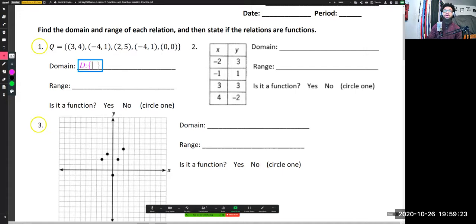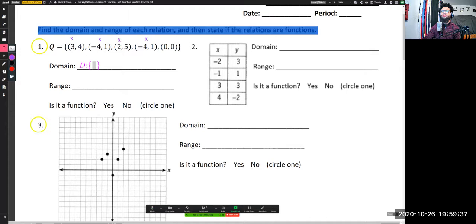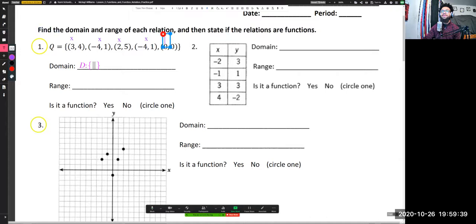Oops, curly brace. Okay, so my domain is going to be a list of all of my X values. So I'm just going to go ahead and type X over top of all of my X values to help us in our pursuit of knowledge of domain and range. So here we are. These are all of our X values.